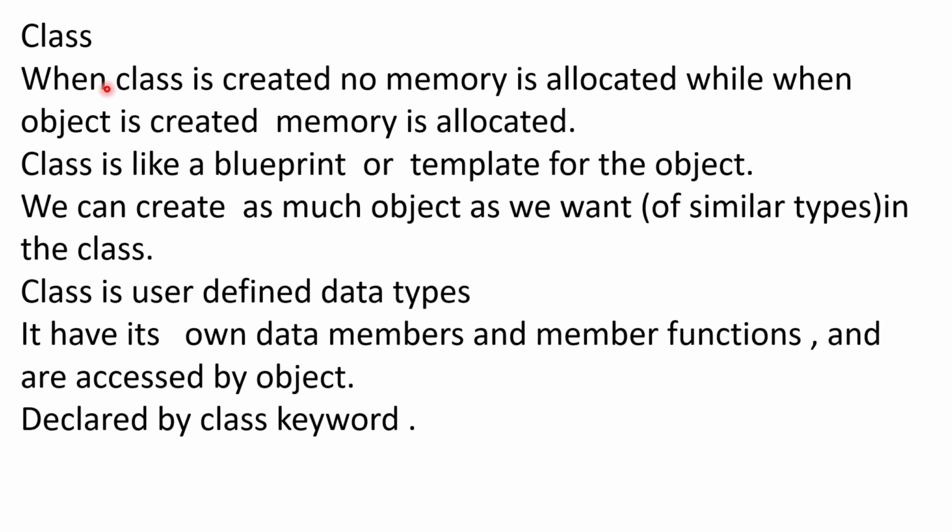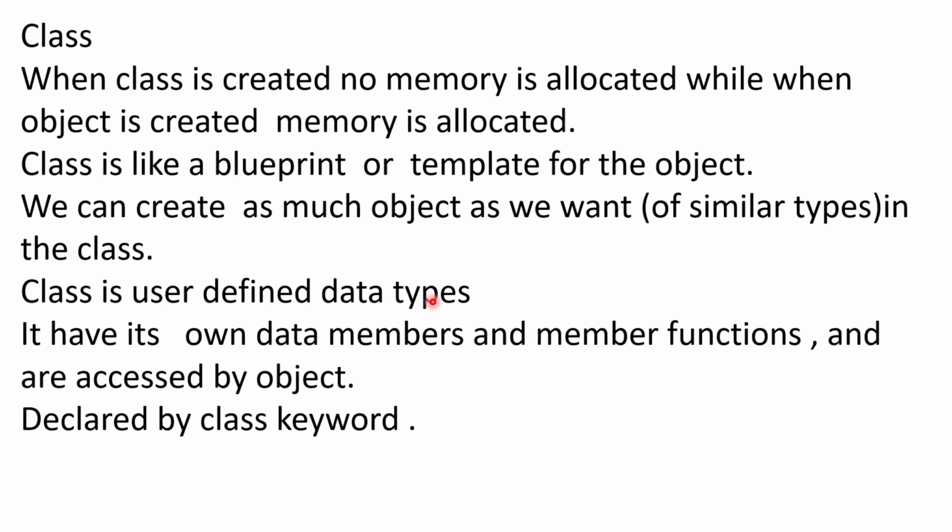Next one is the class. When a class is created, no memory is allocated, while when an object is created, memory is allocated. A class is like a blueprint, or you can say a template, for the object. We can create as many objects as we want of similar types from the class. A class is a user-defined data type.